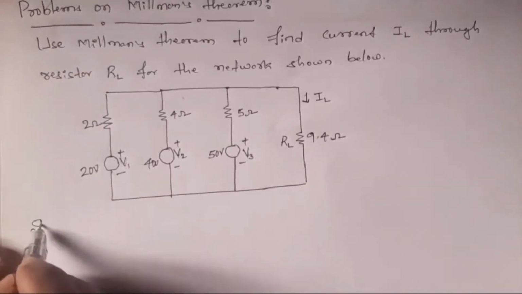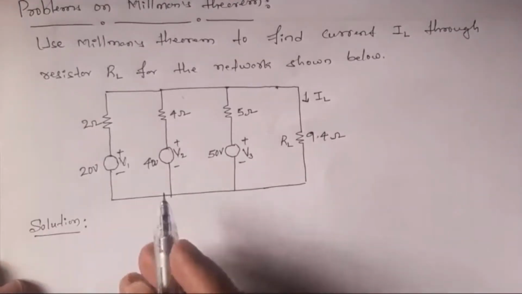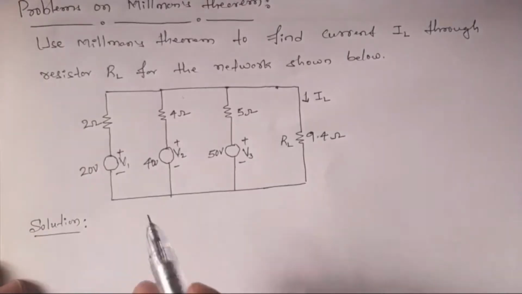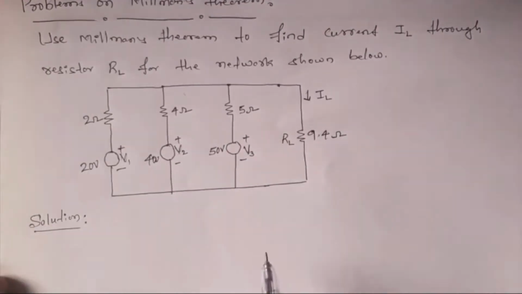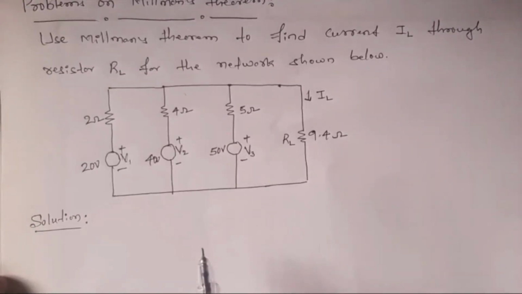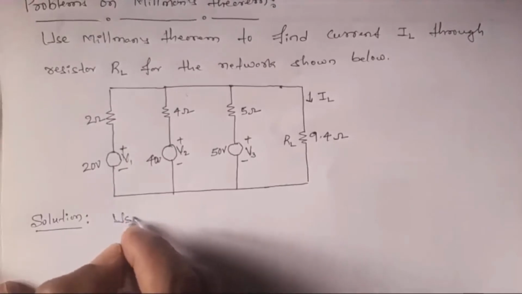So let us find the solution. Using Millman's theorem, we can directly find the voltage and the impedance of this network. To find the voltage, let us write like this.